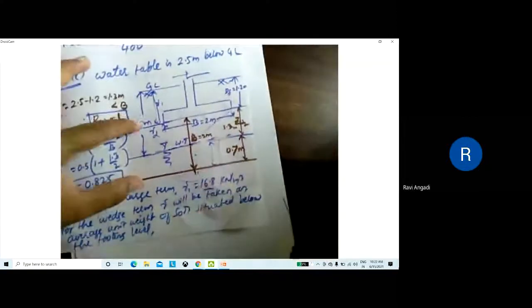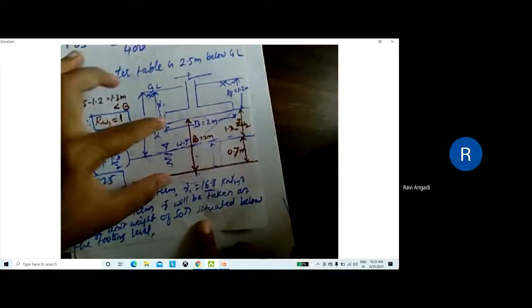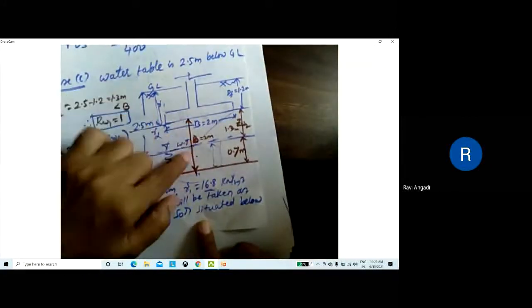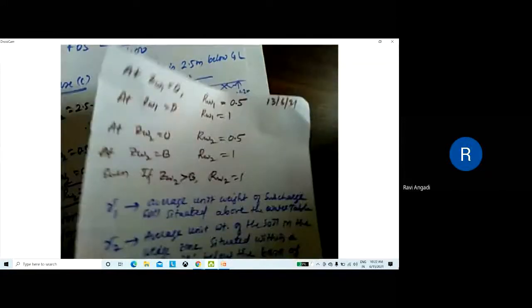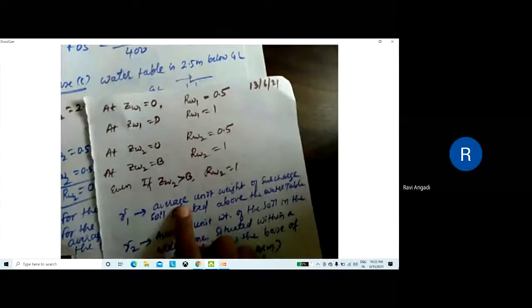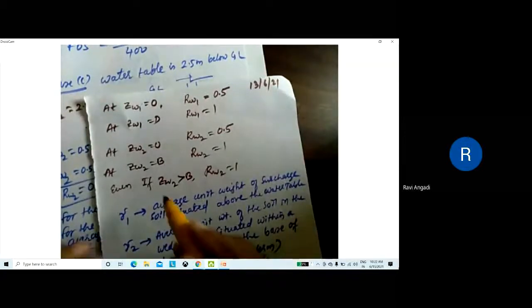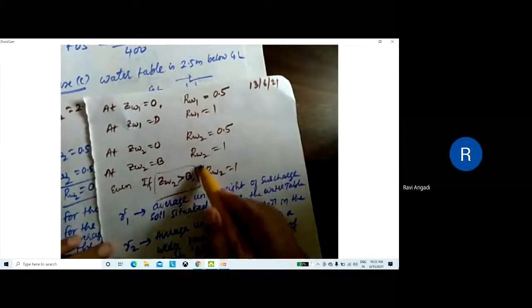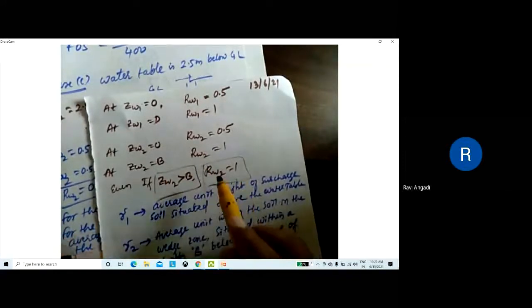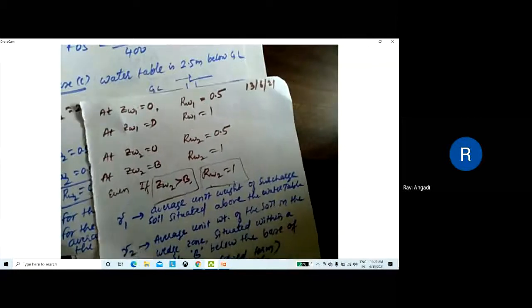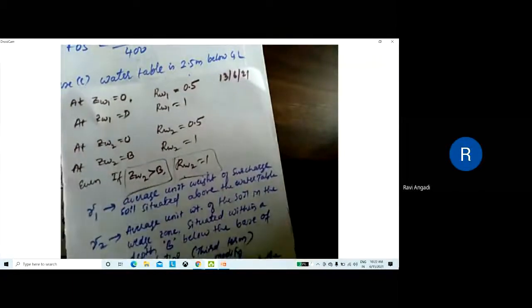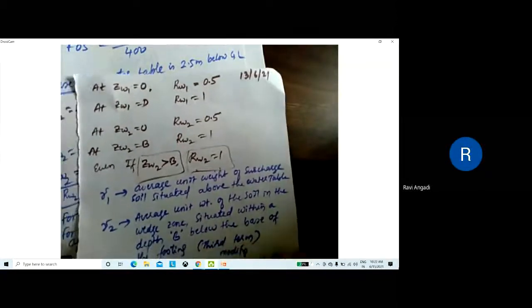This water table is lying in between, that is, we consider the total depth as B. If it is beyond B, you just recall the cases we have discussed in the earlier classes. If it is greater than B, then RW2 will become 1. If the water table is beyond B, it will not affect the bearing capacity of the soil, as we discussed in the first case.